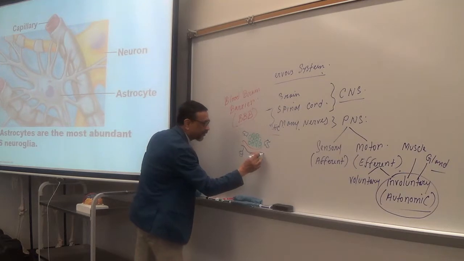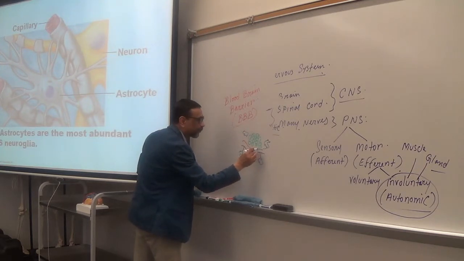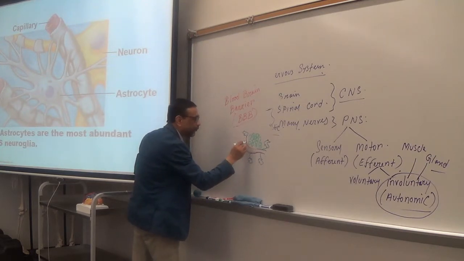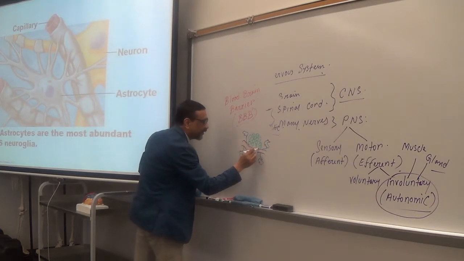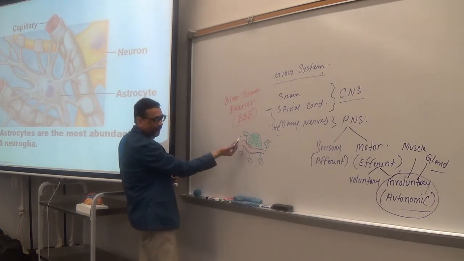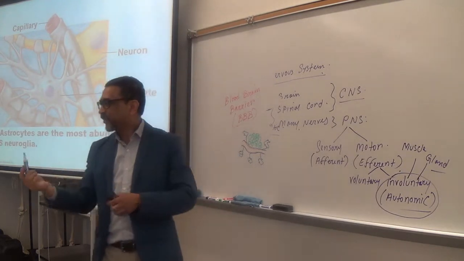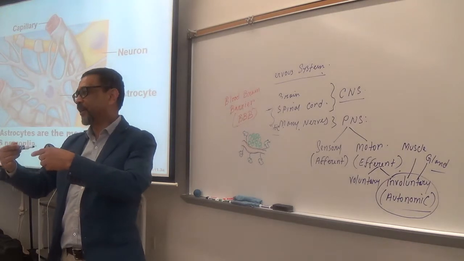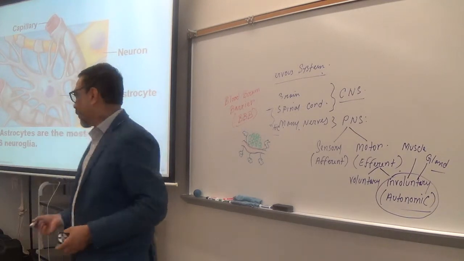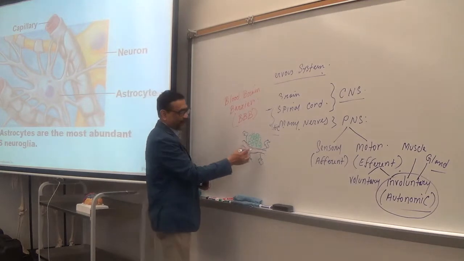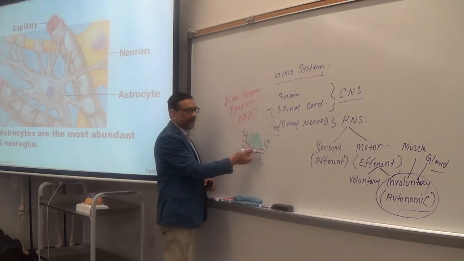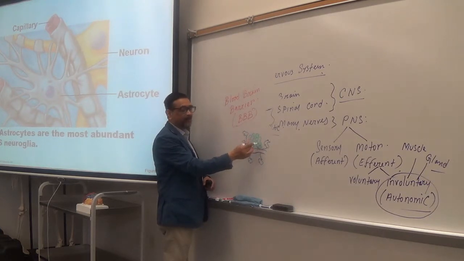Sends process to the capillary and covers the outer surface of the capillary. Like this. So now you see this capillary got another extra layer around it. Make sense? Got another what? Extra layer around it. So the toxic chemicals will not be able to easily get out from the blood and will not be able to harm the neural tissue.